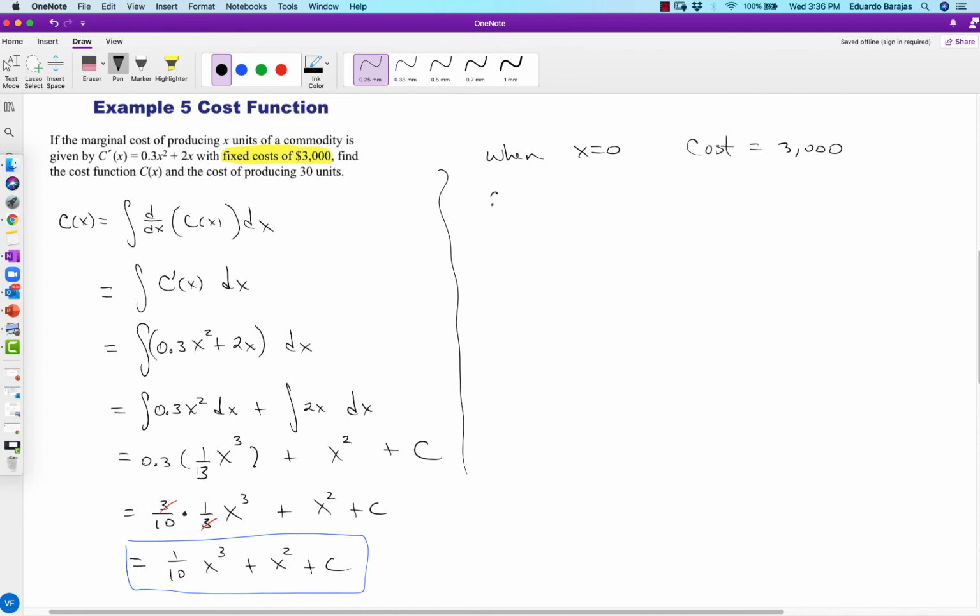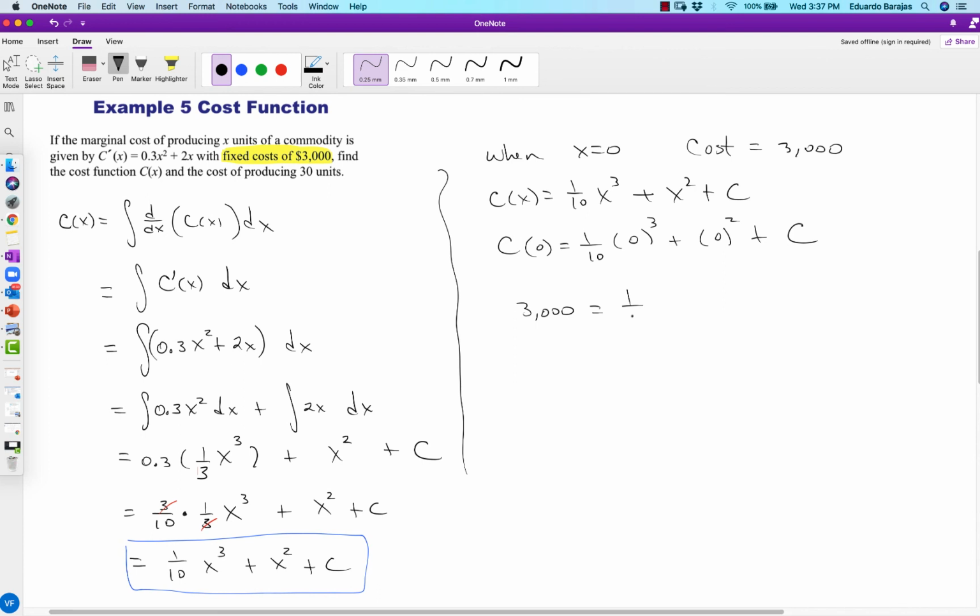So we have this C of x equals 1/10 x to the third power plus x squared plus c. And so now, putting a 0 there gets me 1/10 0 to the third power plus 0 to the second power plus c. And so these are just going to be 0, and we know that 3,000 better be the output when we put in zeros.